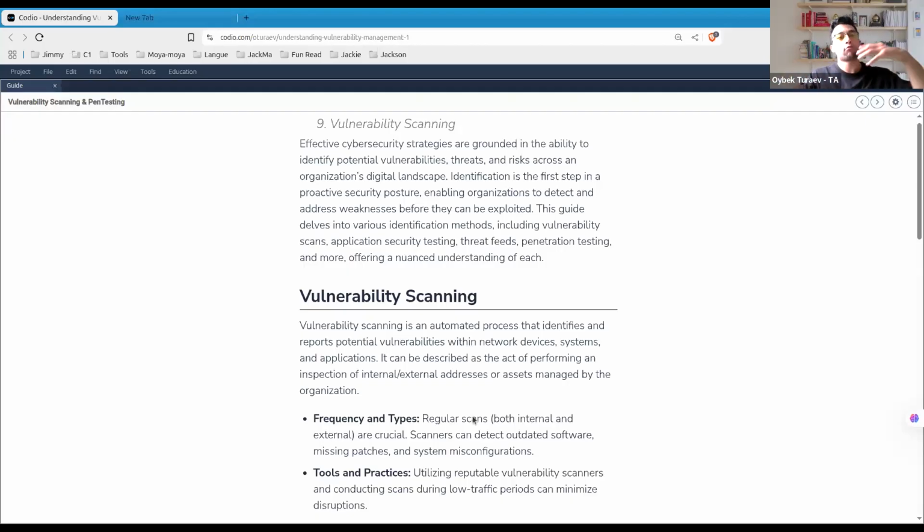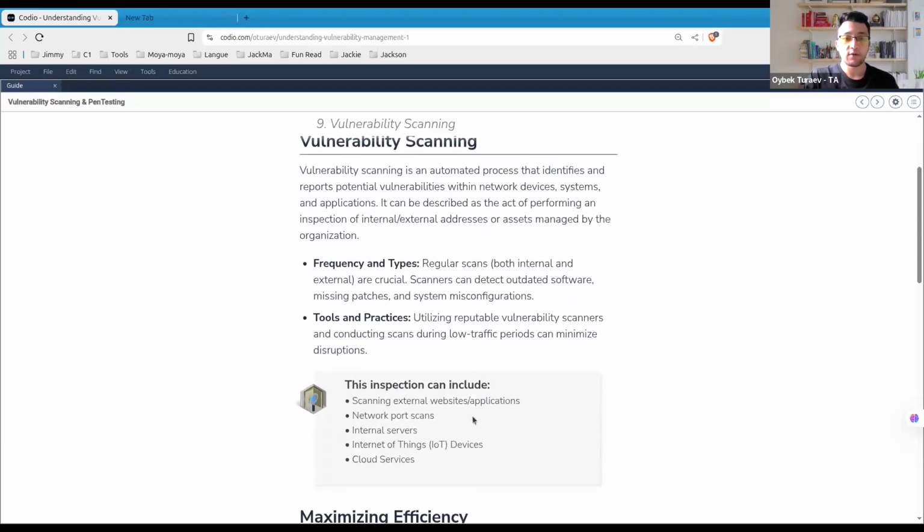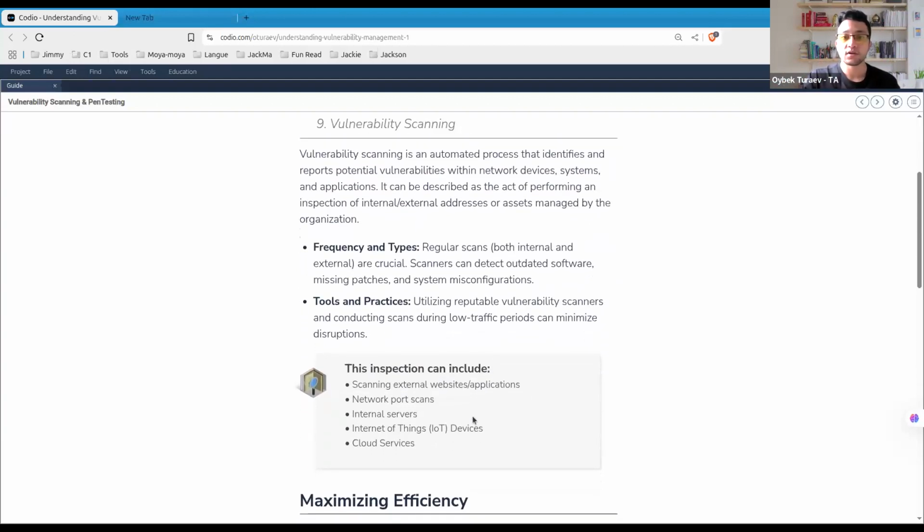Whenever we run them in our organizations, they check each part of our organization's network and systems to find anything that seems vulnerable. Then we need to understand what frequency and types we should have. It's important to have internal and external vulnerability scanning.